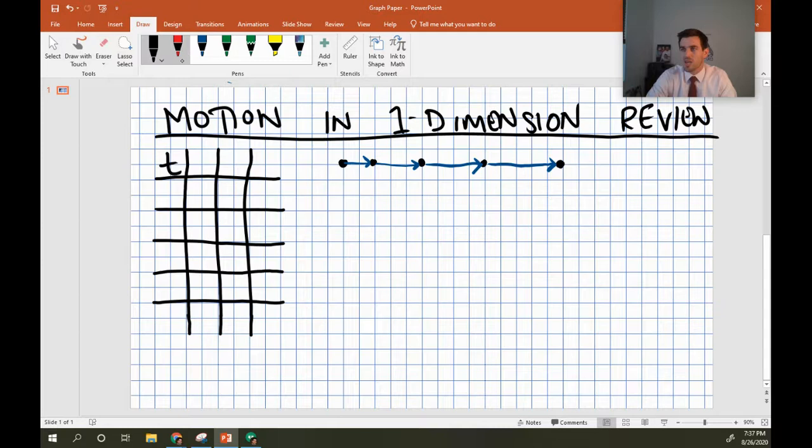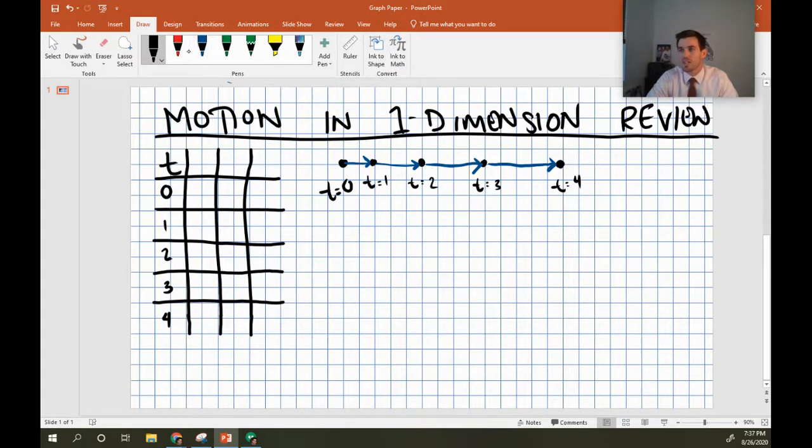Going through here, if we recall, each one of these dots represents a specific moment in time. For example, that first dot could be t equals 0, then our next dot is t equals 1, then t equals 2, then t equals 3, and finally t equals 4. So that would be 0, 1, 2, 3, 4 going into our table.